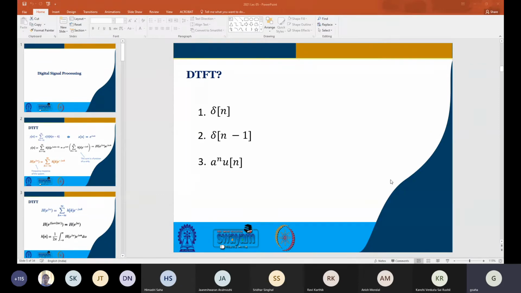Okay, the first two all of you got very quickly, and for the third one perhaps you have to go to the GP series and work it out. Anish also got it.